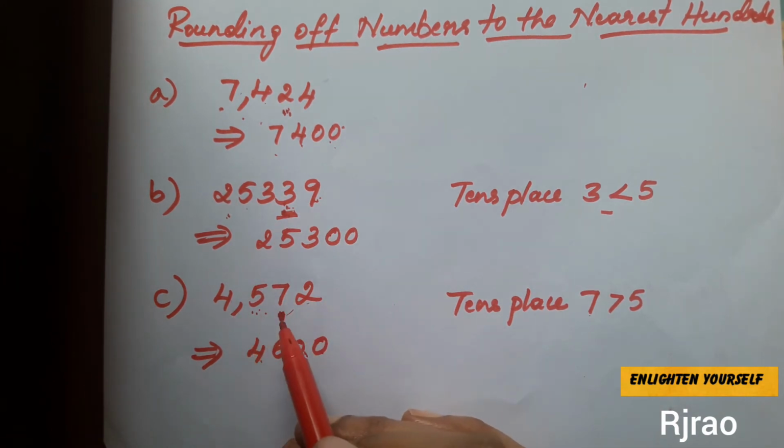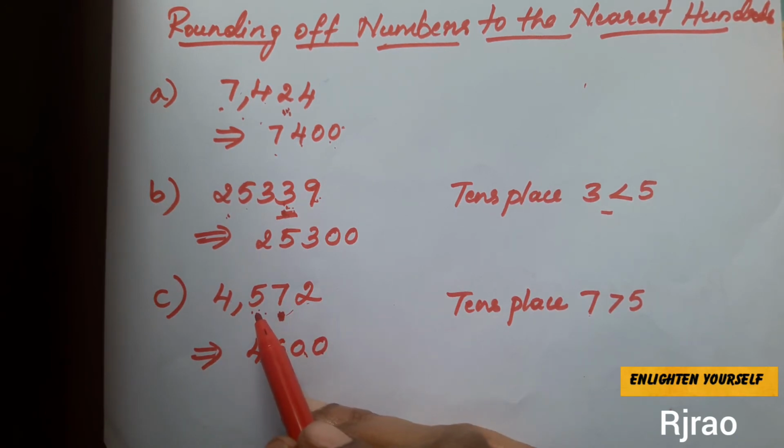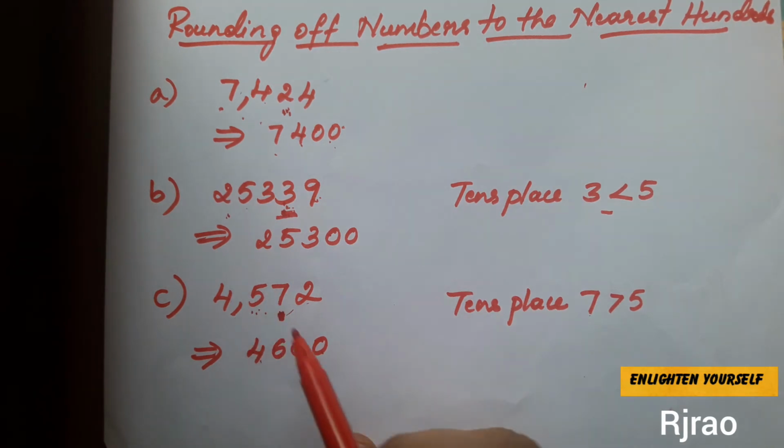The next one, 4572. Here in the tens place the digit is 7, which is greater than 5. So as usual we round off the tens and ones place digits to 0, and the digit in the hundreds place is increased by 1, so it becomes 4600.